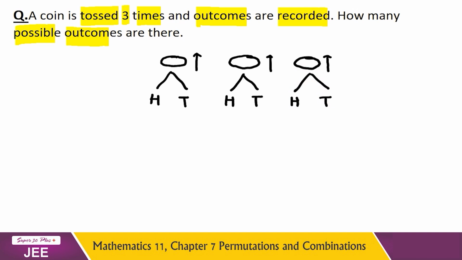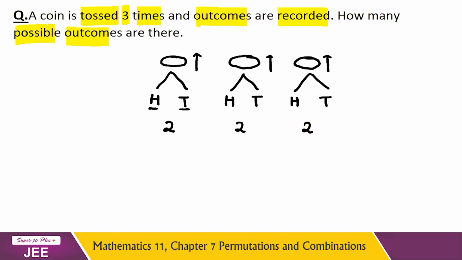So exactly one of these two events is going to happen. Either head is going to occur or tail is going to occur. So if I ask you how many total number of ways are there, there are 2 ways in which outcomes can be recorded. When I toss it again, here also 2 outcomes and here also 2 outcomes.